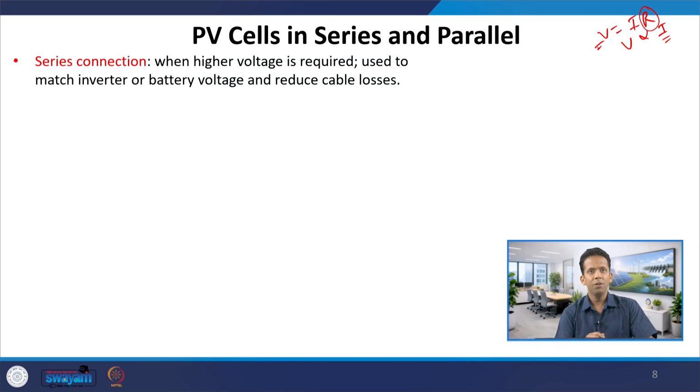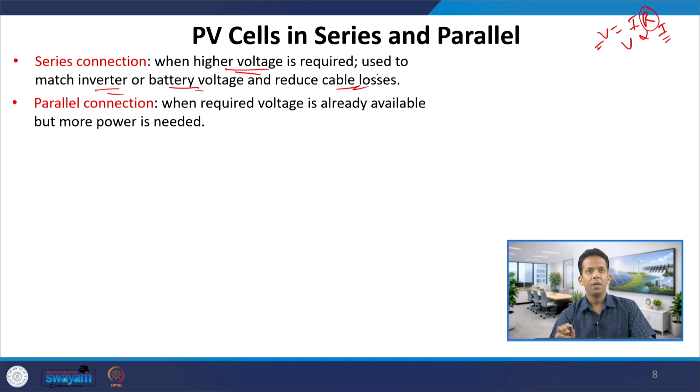In series connection, whenever we need a higher voltage, we connect solar cells in series, and it is often used to match inverter or battery voltage so that the cable losses are reduced. And parallel connection is used whenever the required voltage is already available but more power is needed.